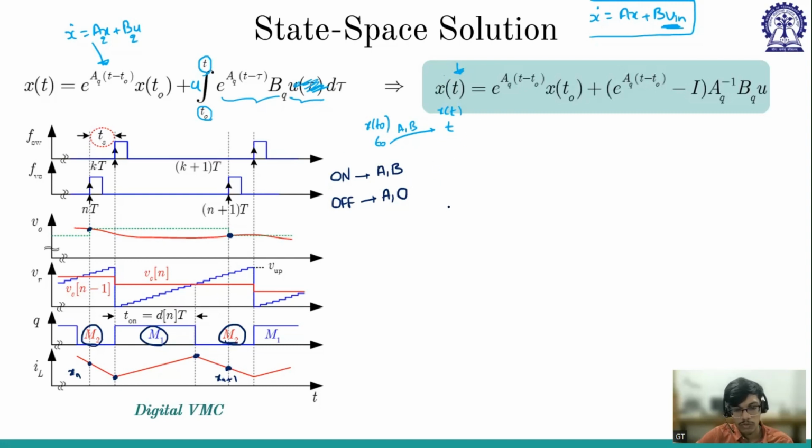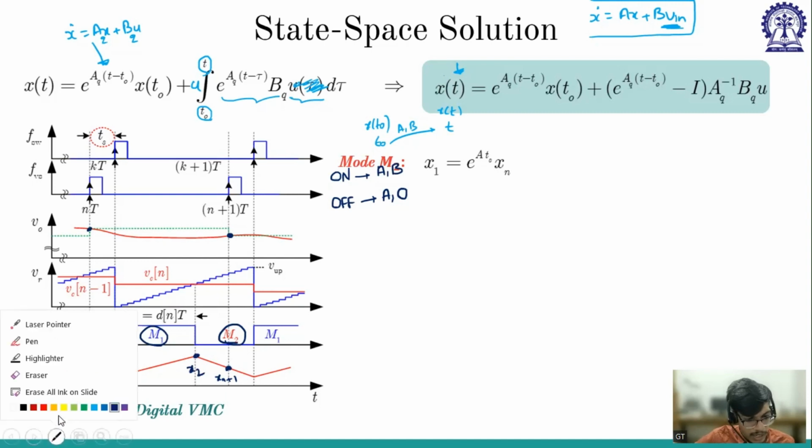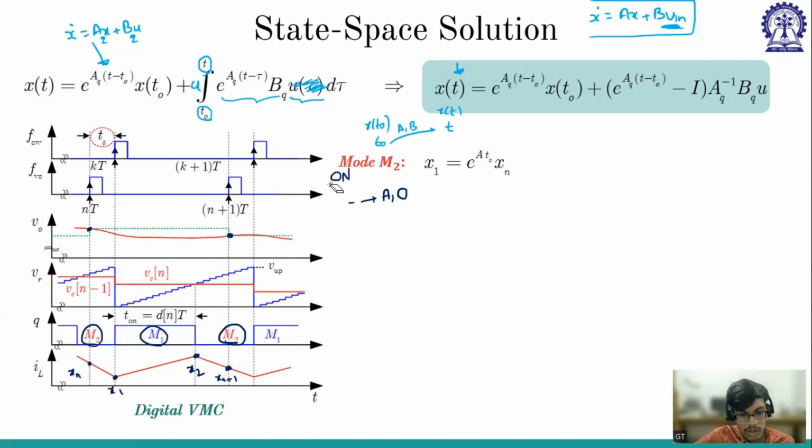So in the case of mode M2, say this is my x1 point, this is my x2 point. Let me clear this. In mode M2, I am going from x1 to x2. If I put the B matrix as 0, what will I get?